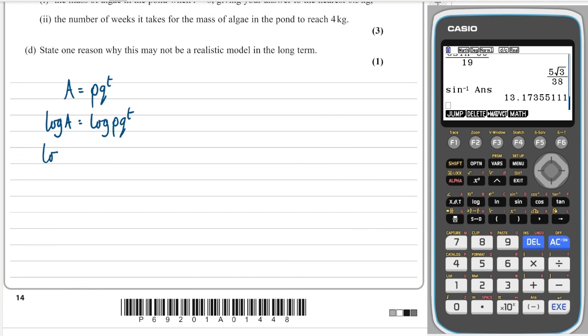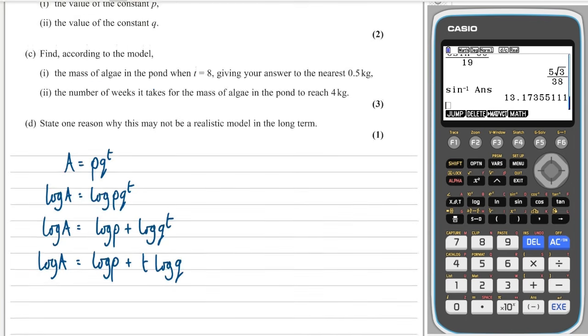We then split up that log by writing log P plus log Q^T, because whenever you have two things multiplied together, we can split a log up and put a plus sign in between them. And then using log rules we can bring a power down and it becomes the coefficient. So T log Q.